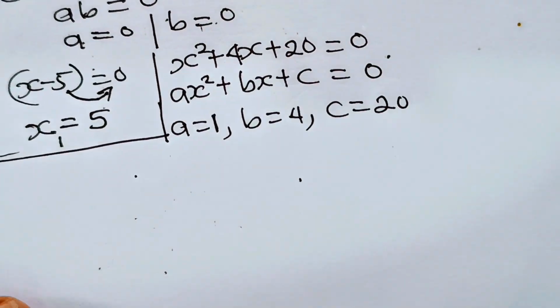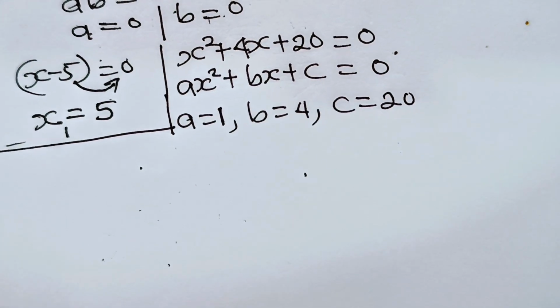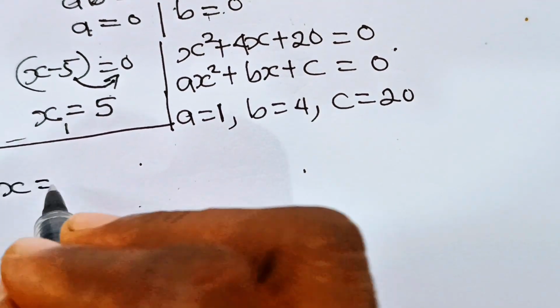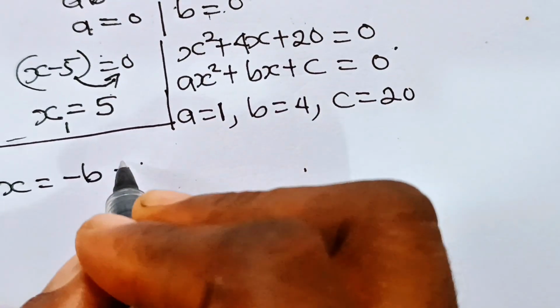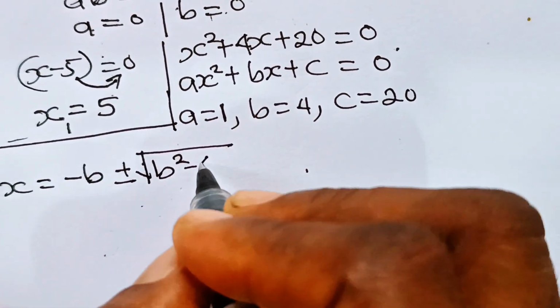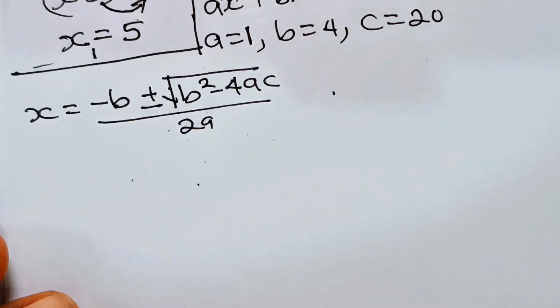Now using the quadratic equation formula, the quadratic equation formula states that x is equal to minus b plus or minus the square root of b squared minus 4ac, everything divided by 2a.